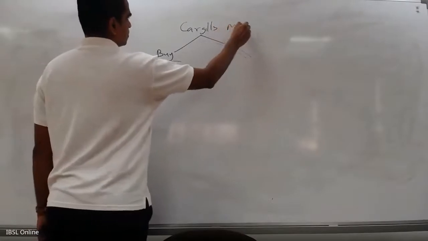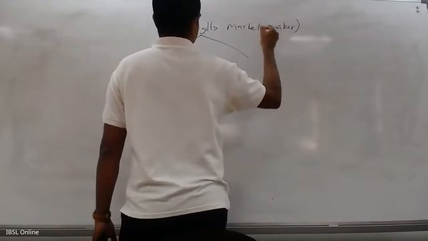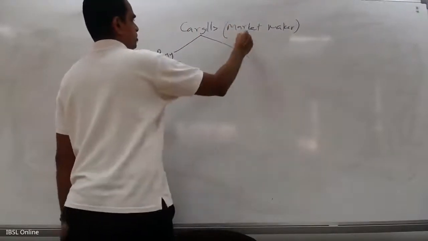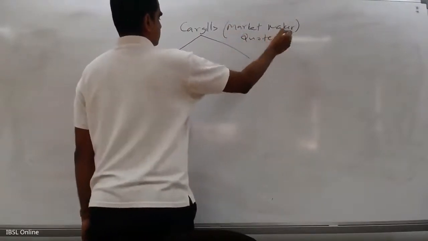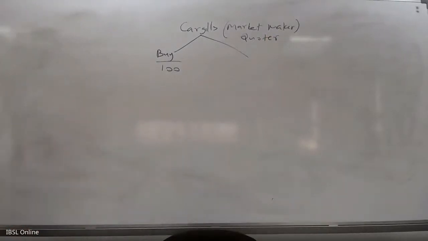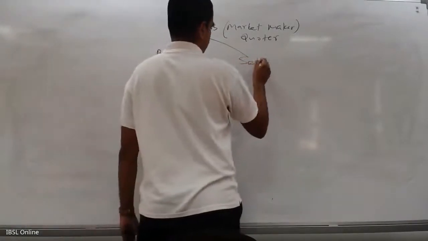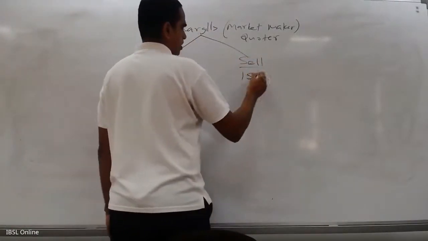They are the market maker, or the quote. They will buy mangoes from the plantation at 100. Then they will sell mangoes to customers at 150.